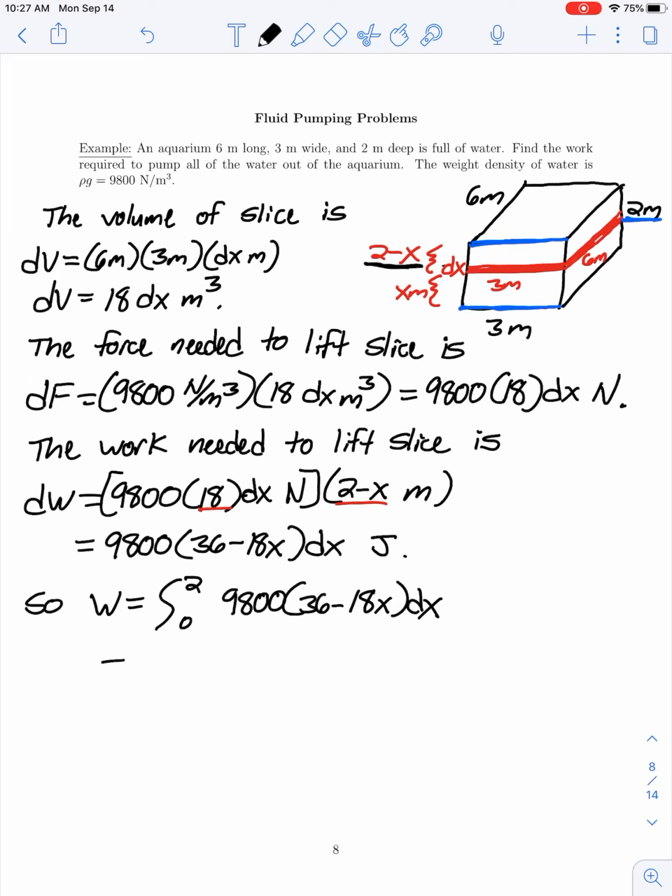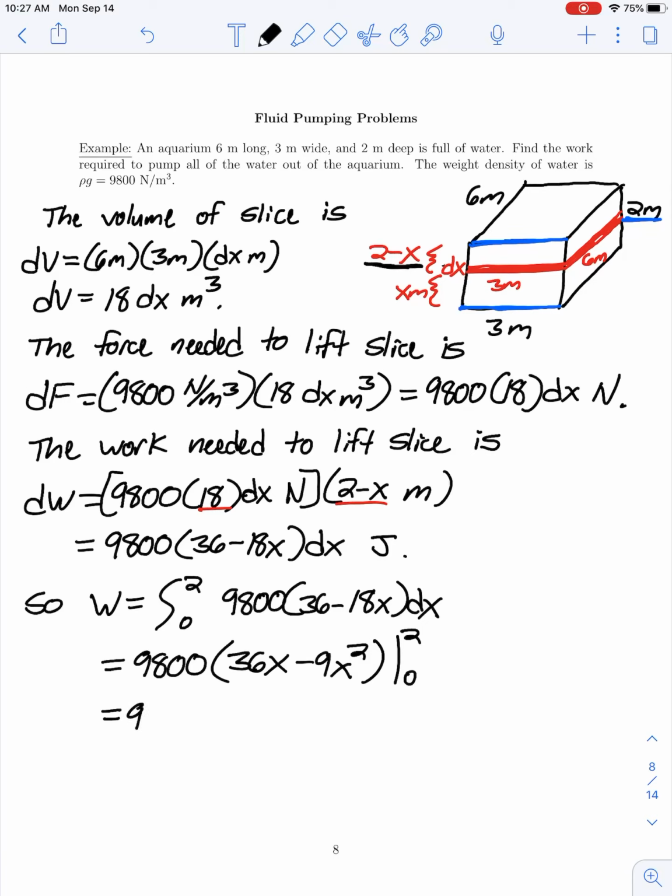So let's see what we have here. We can start by factoring out the 9,800 in front of our integral, and then finding the antiderivative of this function. We would have 36x minus 9x squared, which is being evaluated from 0 to 2.